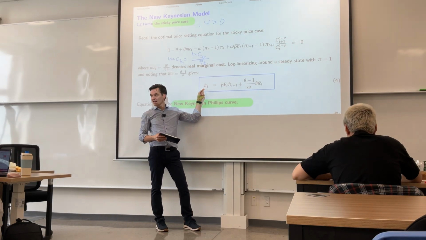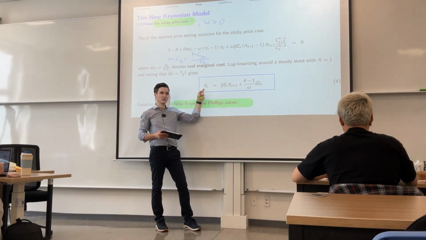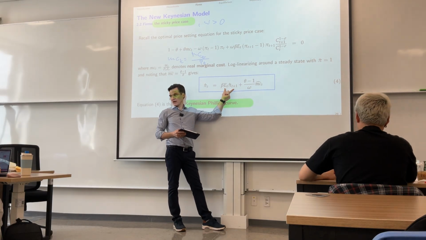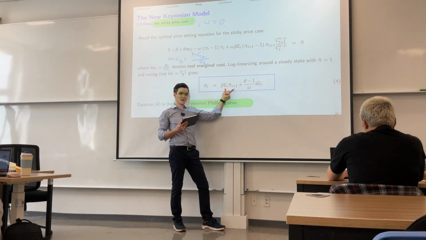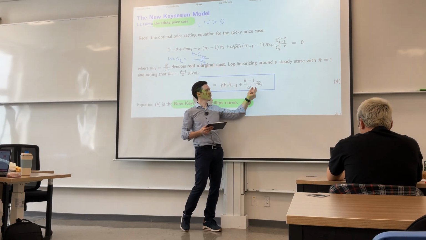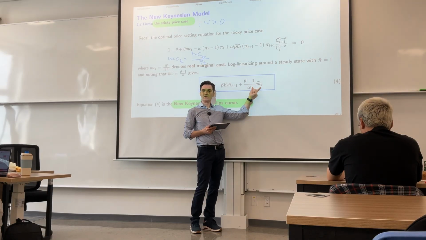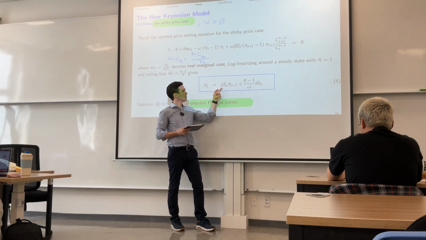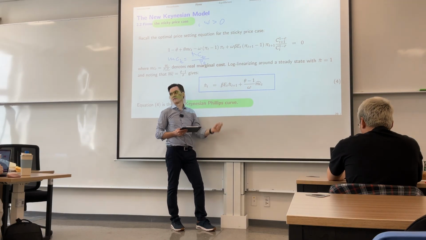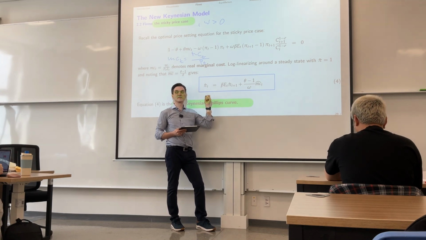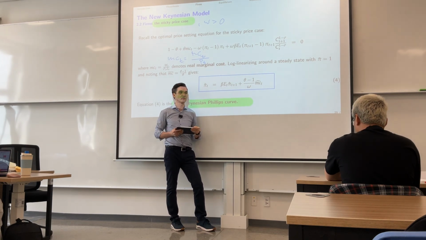Well, the rate of inflation in our economy, according to the model, is a function of the expected rate of inflation, so the expectation about future inflation, and of firms' marginal cost. And then there are parameters. There is the slope of the Phillips curve, and then there is beta, which is the discount factor of households. So this is what much of the literature calls an expectations augmented Phillips curve.